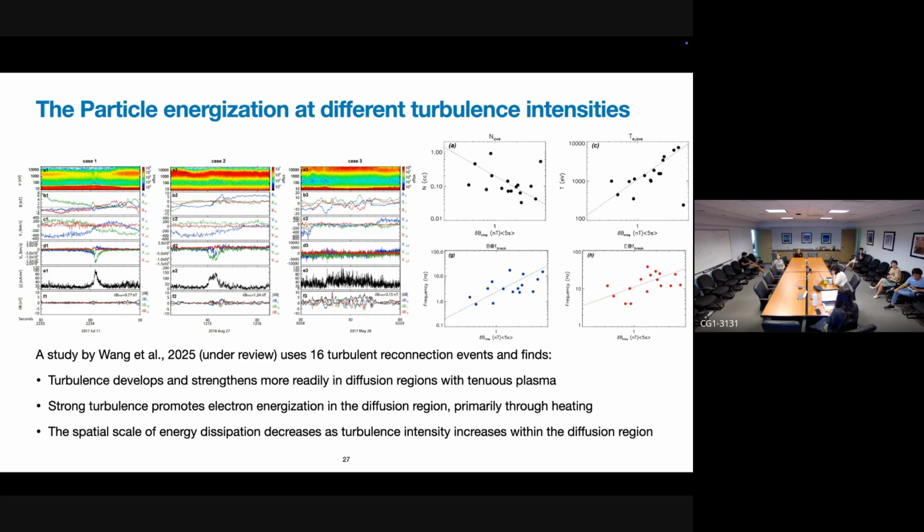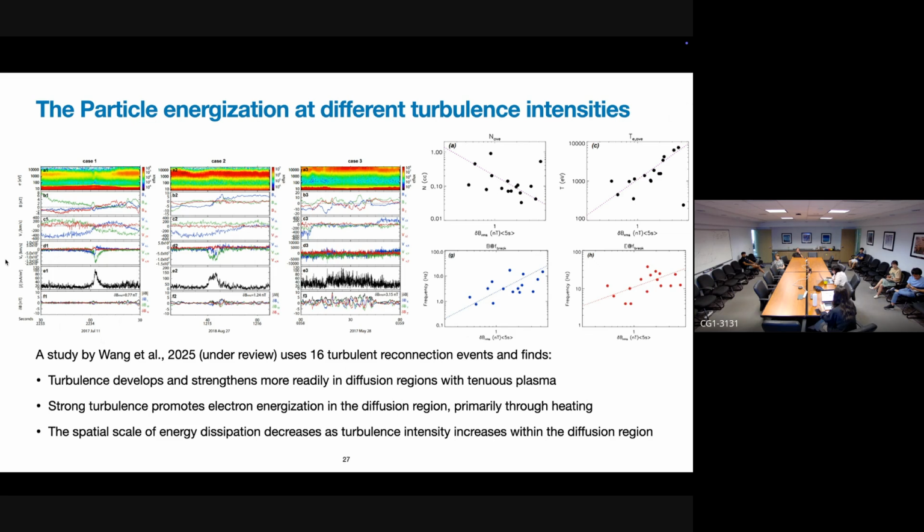Starting from that one case, there is a survey study by Wang et al. They surveyed 16 turbulent reconnection events like this, and those 16 events have varying magnitudes of turbulence. By the degree of turbulence, they mean how strongly the magnetic field is fluctuating, so they use delta B RMS as a parameter to describe how strong the turbulence is.